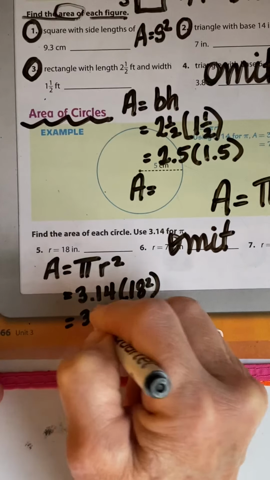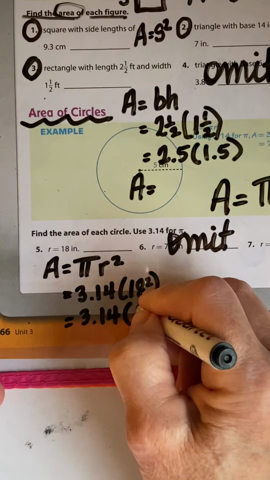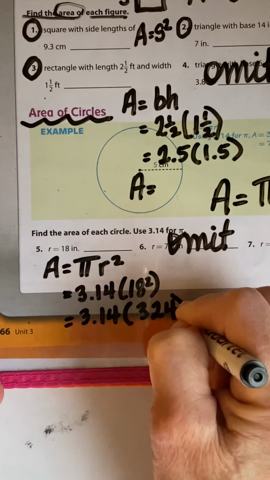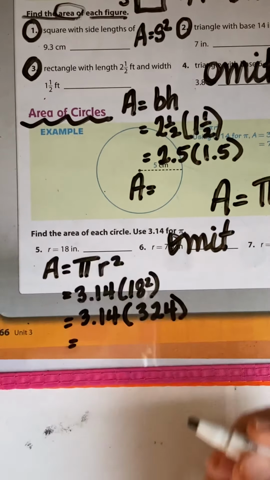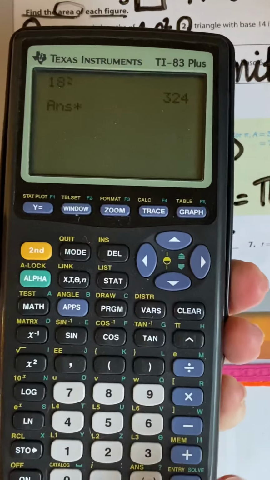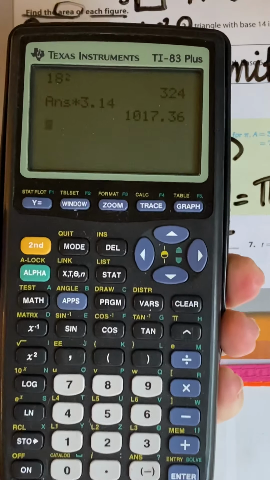So let's rewrite another line. Keep it like this, 3.14. 18 squared is 324. Then you multiply again times 3.14, enter.